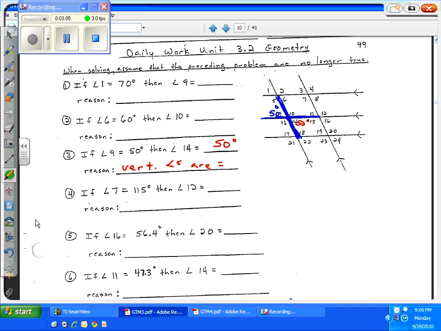That has to do with intersecting lines. When two lines intersect, then vertical angles are equal. Vertical angles are angles opposite each other when two lines intersect. That's our definition. The formal definition is a pair of angles formed by two pairs of opposite rays, which is a little bit difficult to figure out what that's trying to tell you.